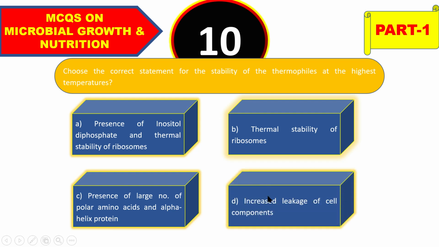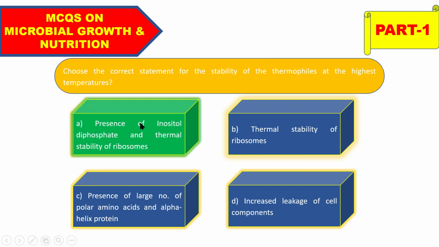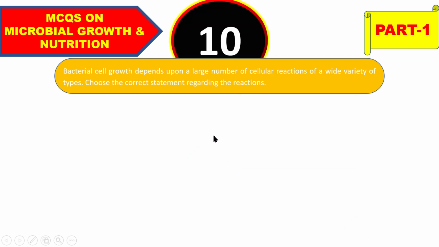And the fourth option is increased leakage of cell components. And the right answer about the stability of thermophiles at the highest temperature is presence of inositol diphosphate and thermal stability of ribosomes.